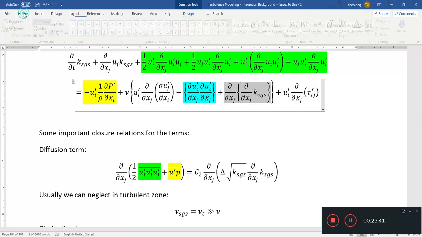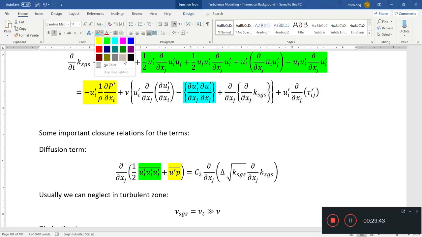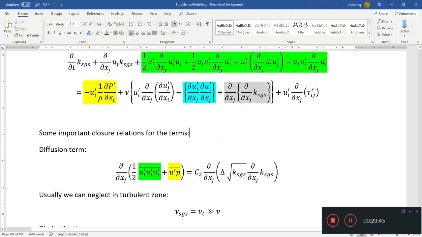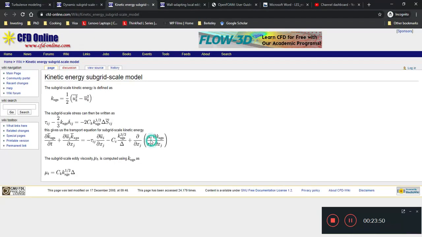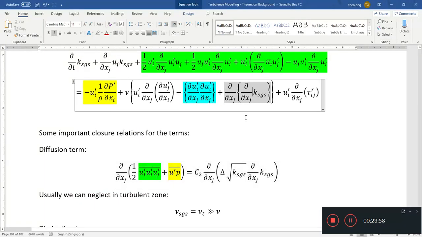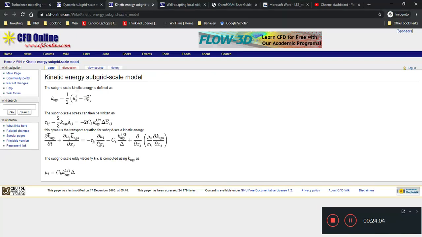So I will just put it in gray. This term we neglect because it's combined into this turbulent viscosity term here. Since the turbulent viscosity is much greater than the normal viscosity, we can just do away with it or neglect it. And then you have this tau ij term, which will correspond to this.